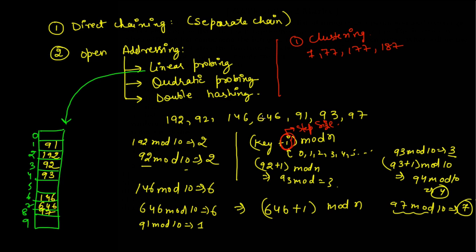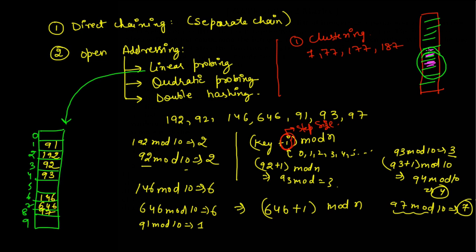Whenever I try to hash these values into the hash table, and maybe the size of the hash table is 100 or 1000 or so on, then you can see there's some portion of the hash table which is filled in a dense way.